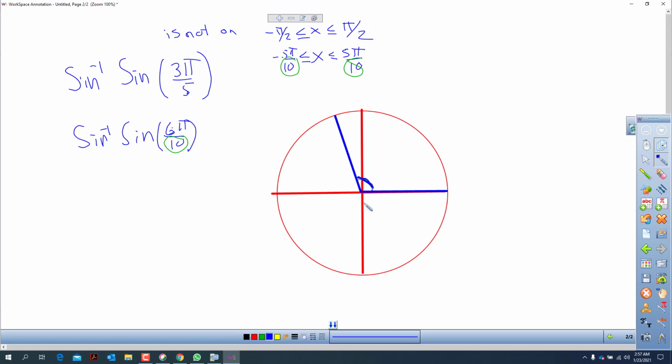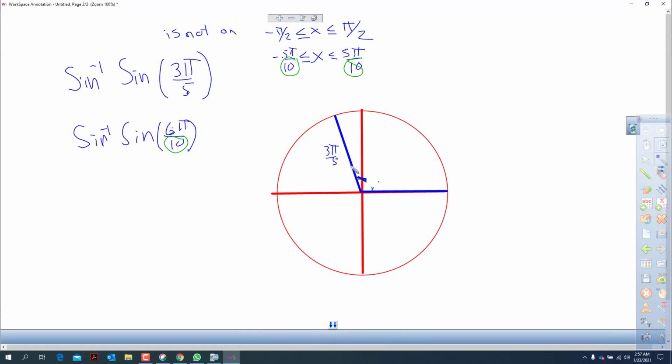So this is 6 pi over 10, or 3 pi over 5, whatever you want to call it. Like, 3 pi over 5 is the same as 6 pi over 10.